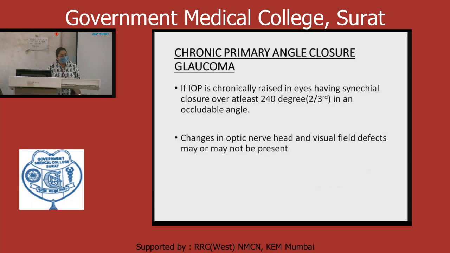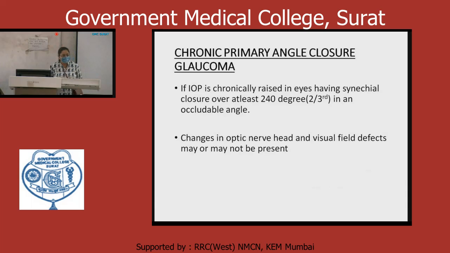When we see with the gonio lens and ophthalmoscope, the optic disc has changes, there will be cupping. If you see the field of vision, it is restricted. So when the patient reaches the third stage, one should go for AGS surgery because drugs will not act now, as the patient will have anterior and posterior synechia.